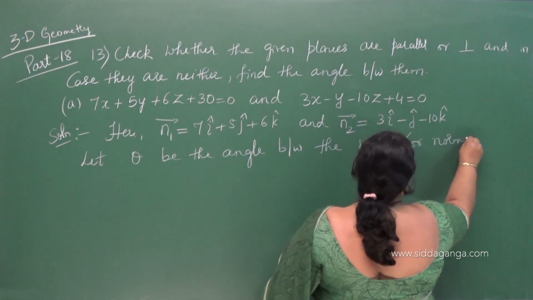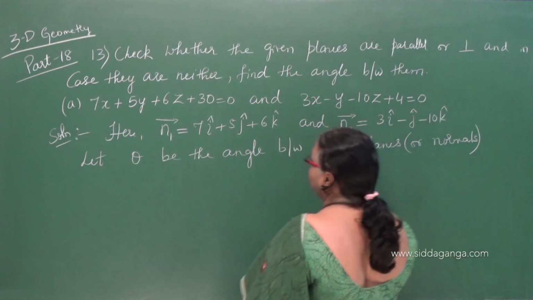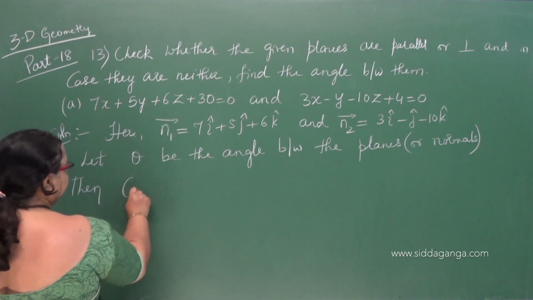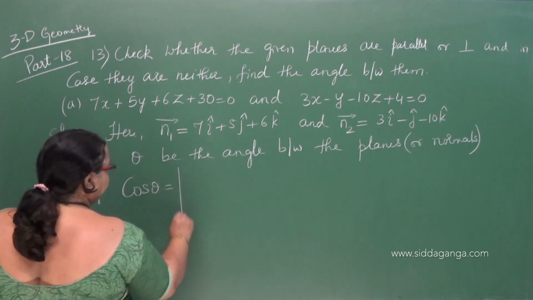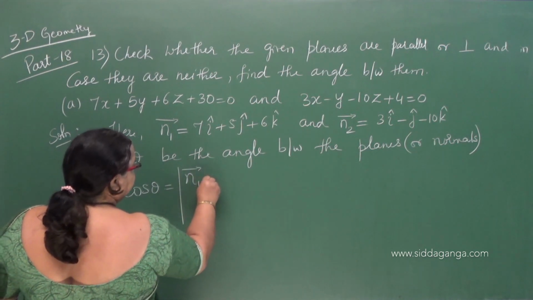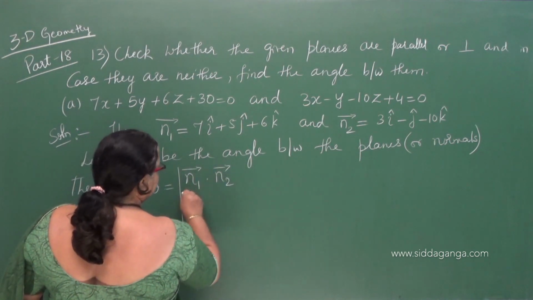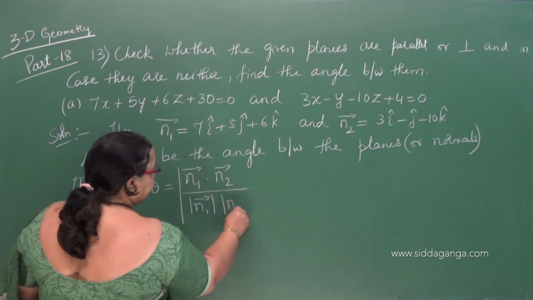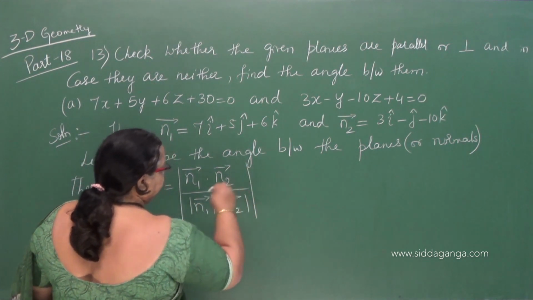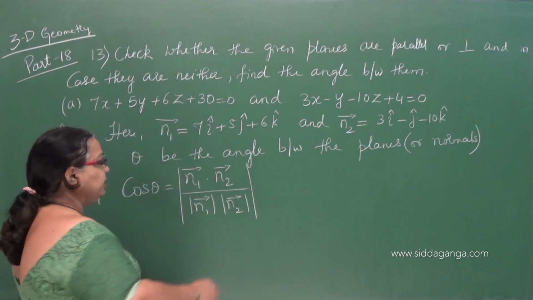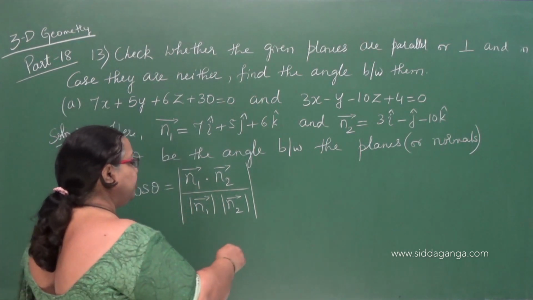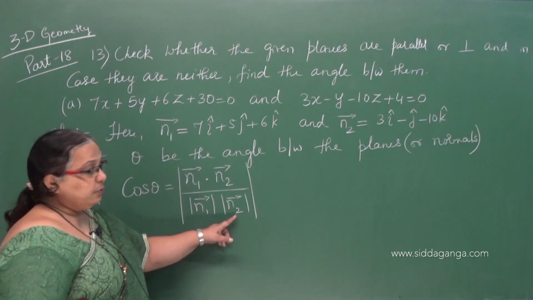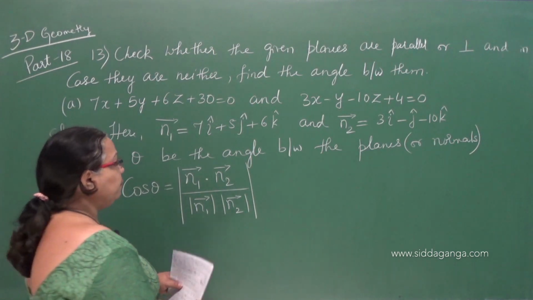Then cos theta equal to the dot product of the two normal vectors, n1 vector dot n2 vector, in the numerator, divided by magnitude of n1 vector into magnitude of n2 vector.